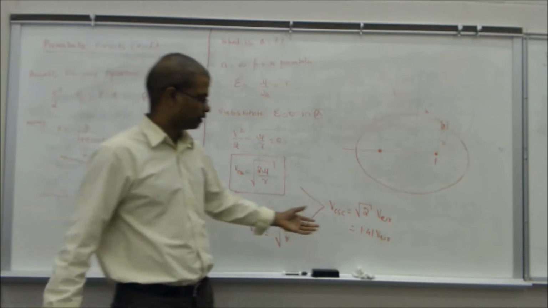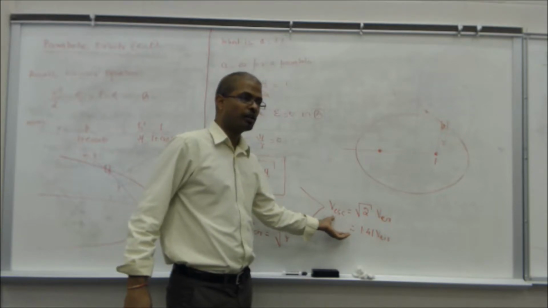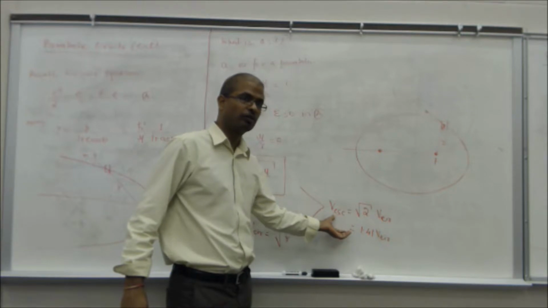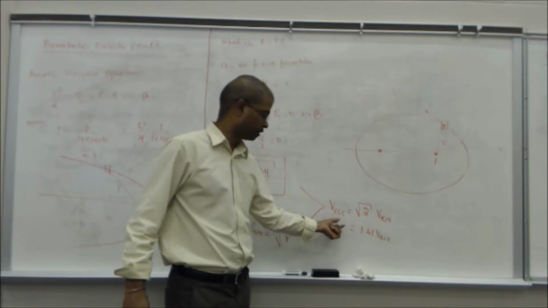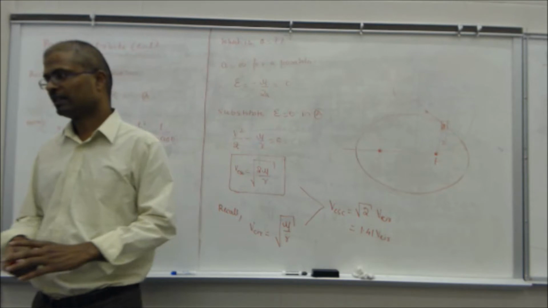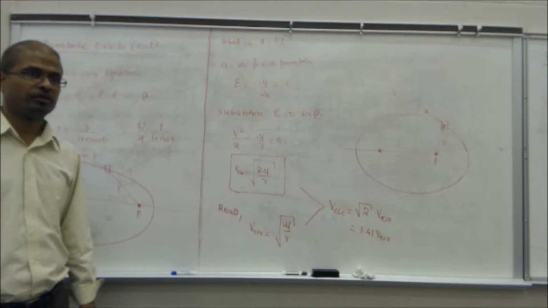Look at it like this. If you want to launch a satellite which needs to escape the orbit, you would first put it in a circular orbit. Okay? And then you would increase the velocity by what percentage? 41%. Right?